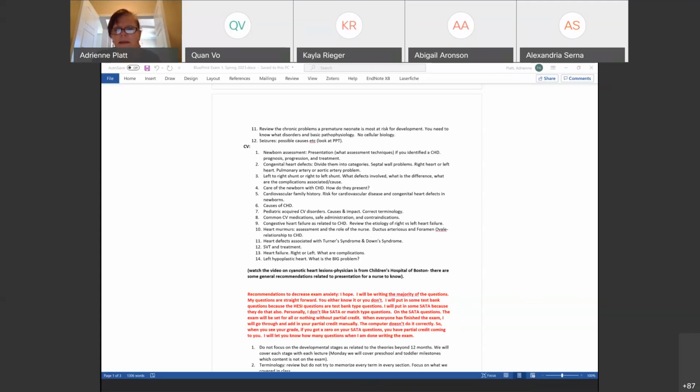The other medications: if the child has fluid in their lungs because of the defect, they may give a diuretic because they want to get rid of some of the volume so that the heart doesn't work so hard. You want to know about prostaglandins.